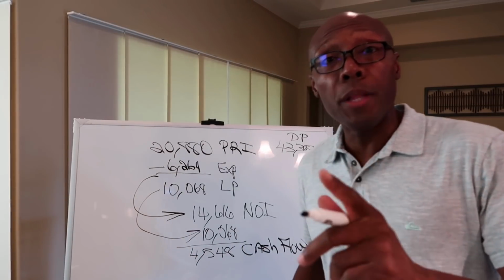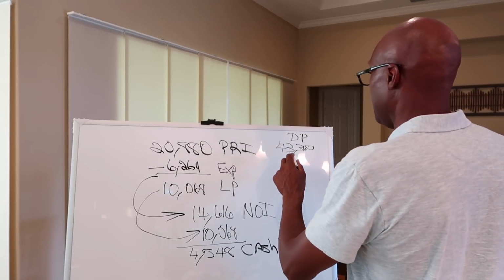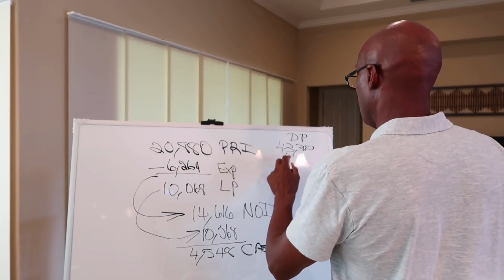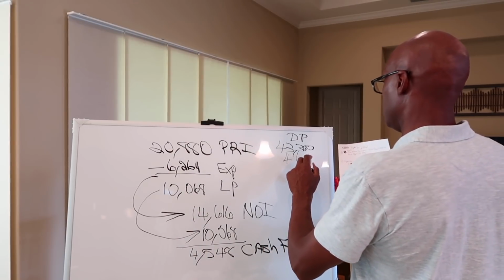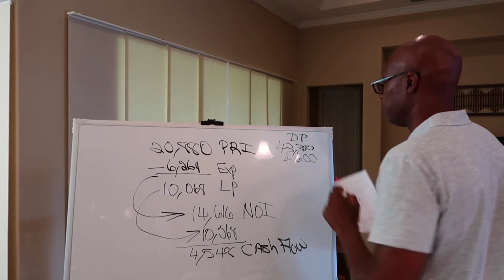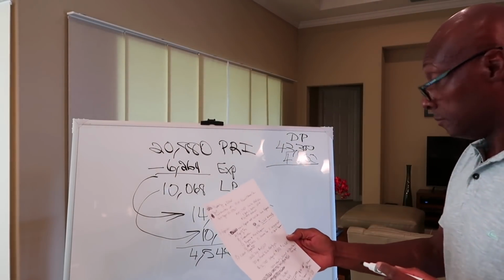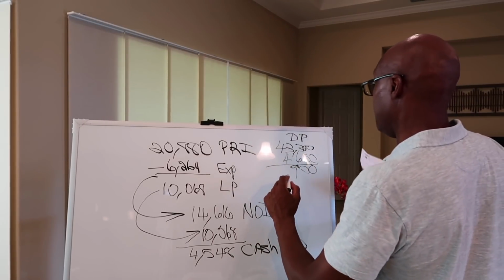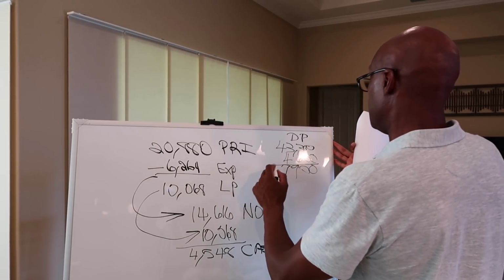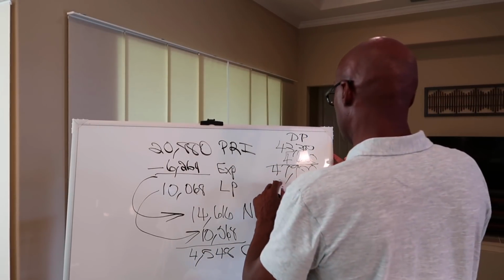No, before we do that, we also got to include in our closing costs. So let's just say that's going to be $4,600. So we want to add that up, and that's going to give us roughly $47,900. So let's just round that off to $48,000.